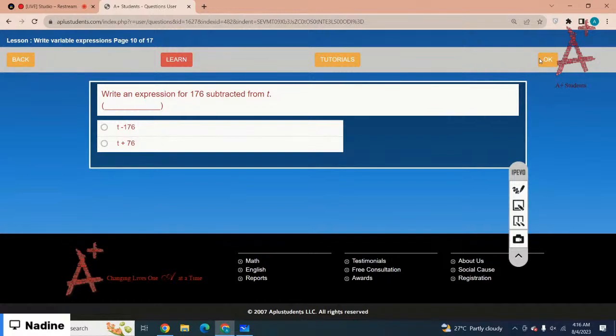Write an expression for 176 subtracted from T. So it will be T minus 176. Option number 1 is the correct option.